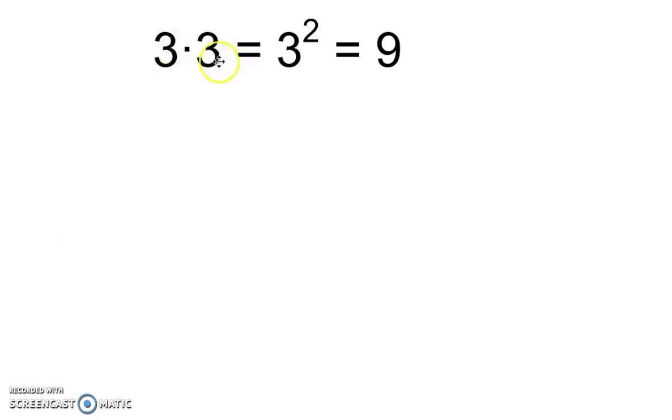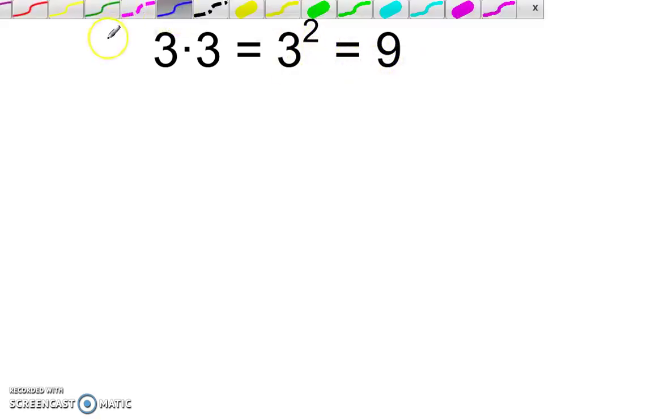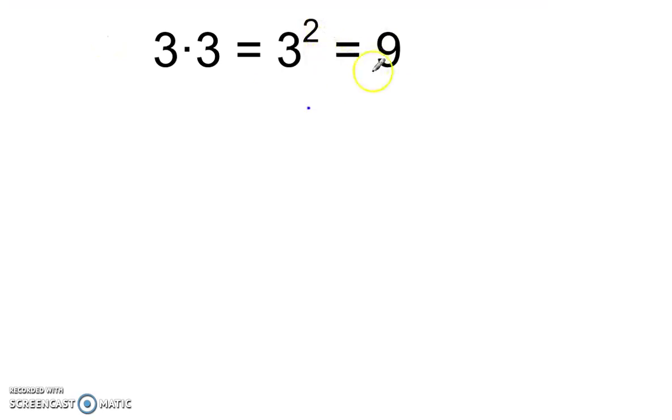3 times 3, we can write as 3 squared, and that is 9. We call the 2 an exponent, okay? Now, if I want to go from the 9 back to finding one of these two factors, one of these two factors is called the root.